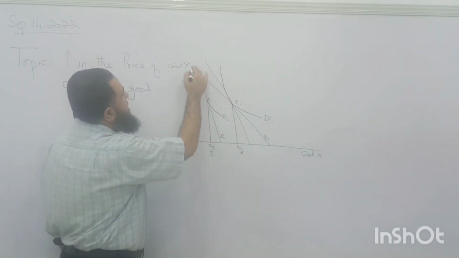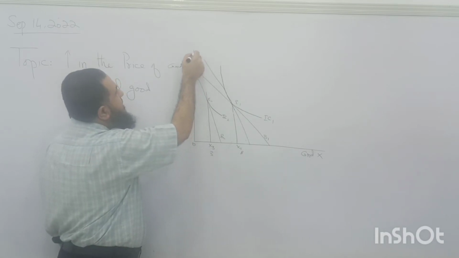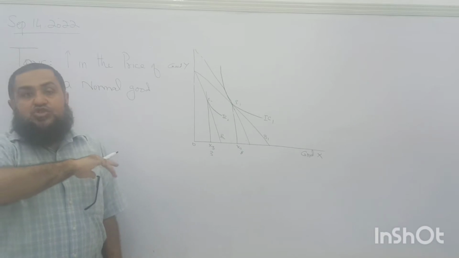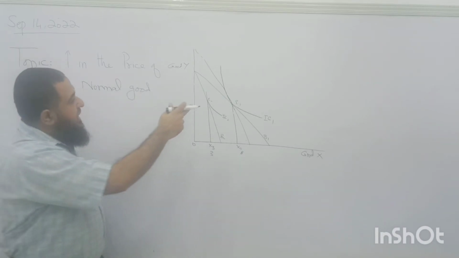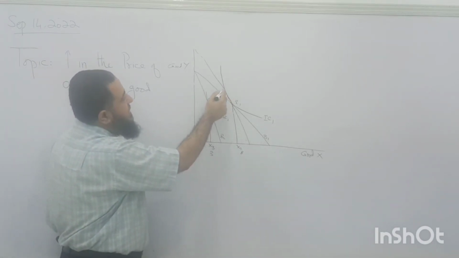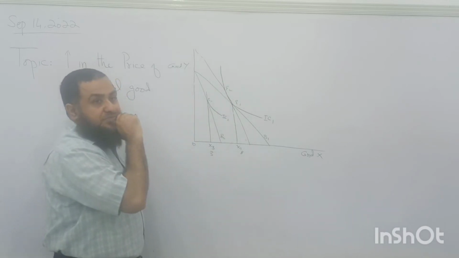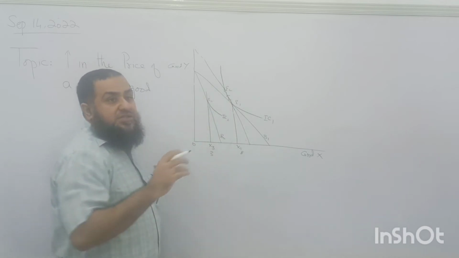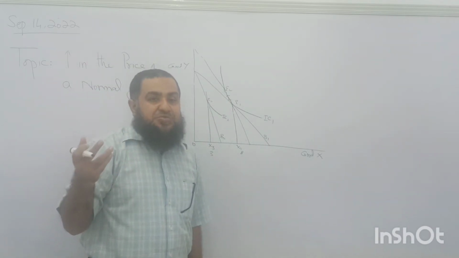So we have seen that this is a new imaginary budget line in which we have given the consumer income to stay along his previous indifference curve at this point. He is going to decrease the consumption of X due to the increase in its price.